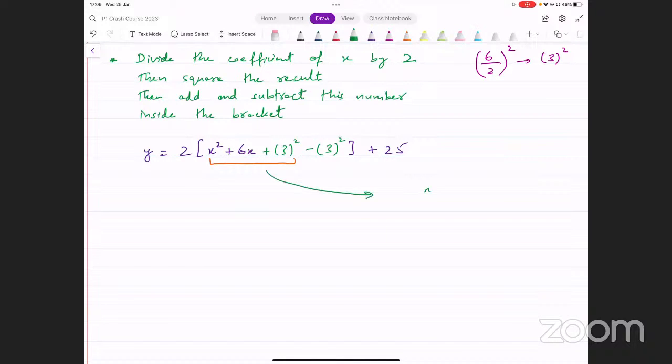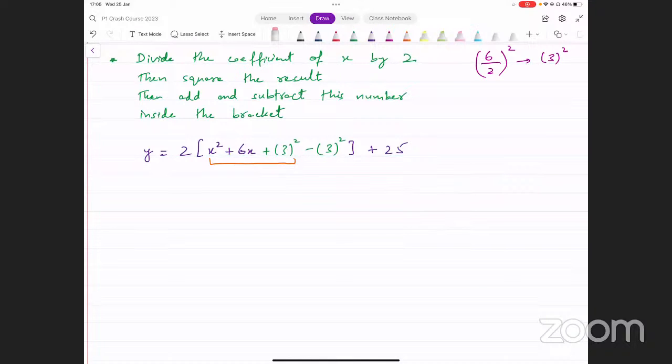This thing can be written as x square plus 2 into x into 3 plus 3 squared, right? So this is a square plus 2ab plus b square. If a was x and b was 3, this is what you get. And this can be written as x plus 3 whole square. Okay. Now, you don't have to show this process every time, what you've done here on the side.